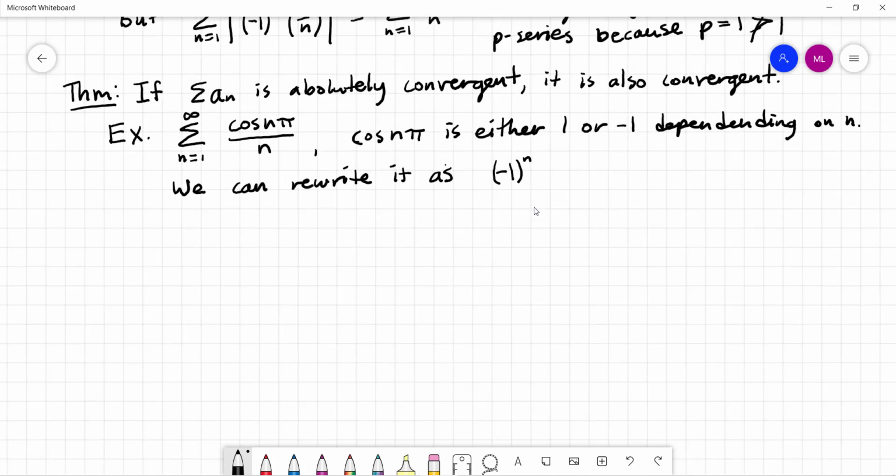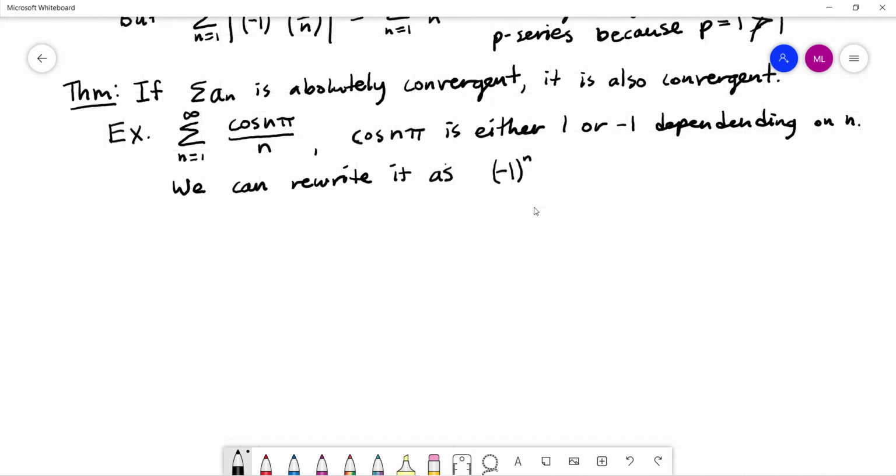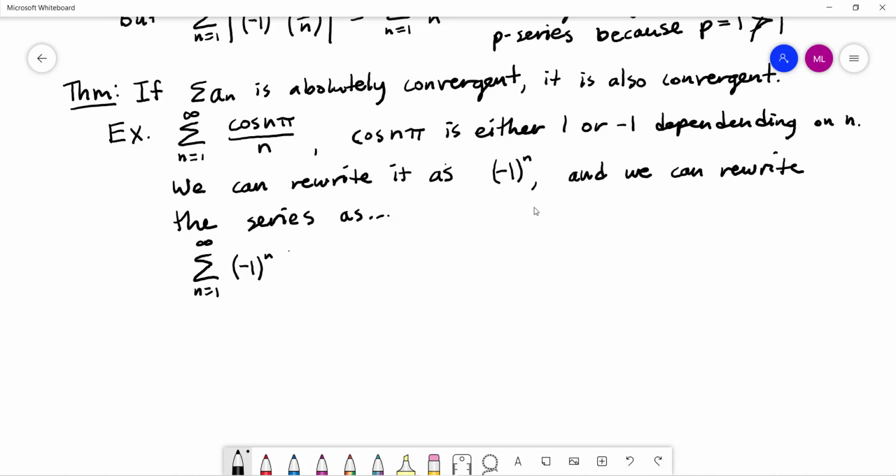So we can rewrite the whole series as the sum from n equals 1 to infinity of -1 to the n times 1 over n. The only thing that's left behind after you factor out the cosine of n pi is a factor of 1 over n.